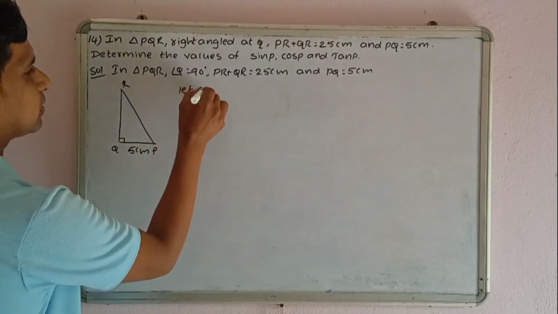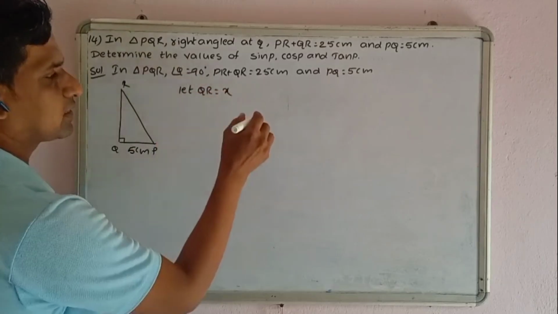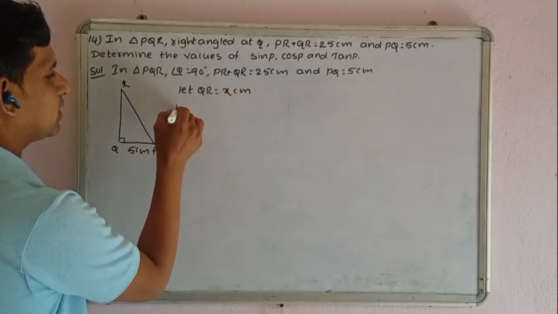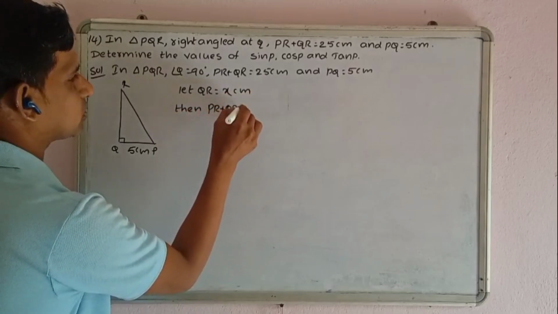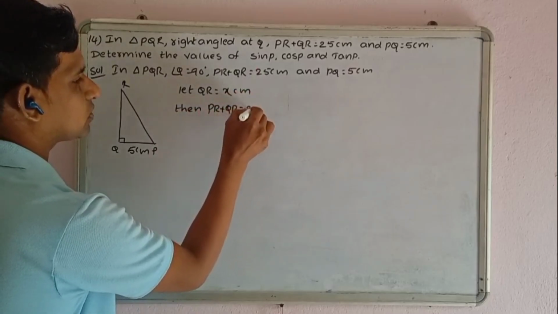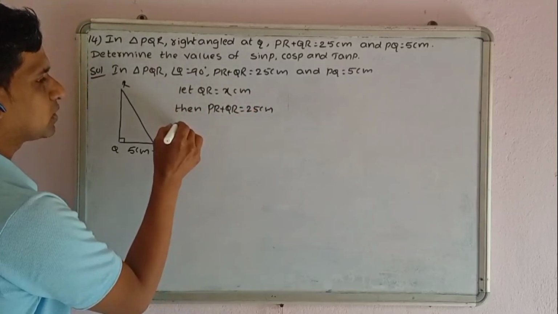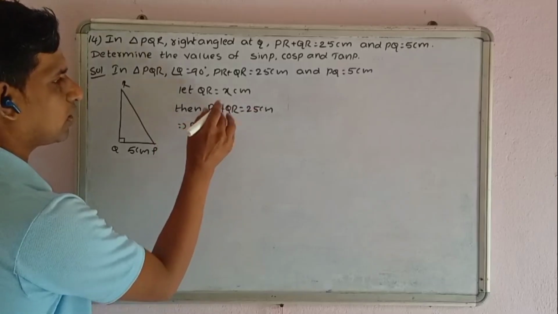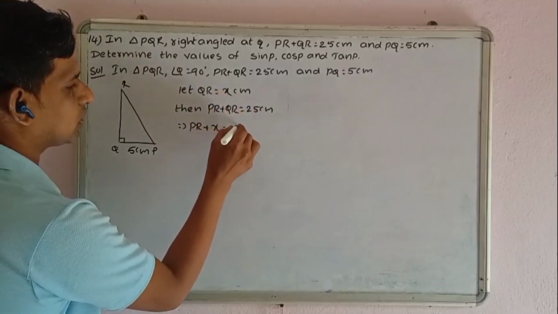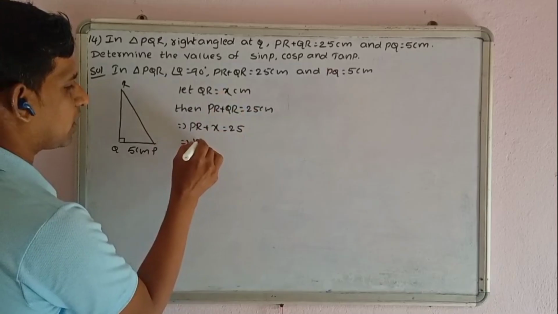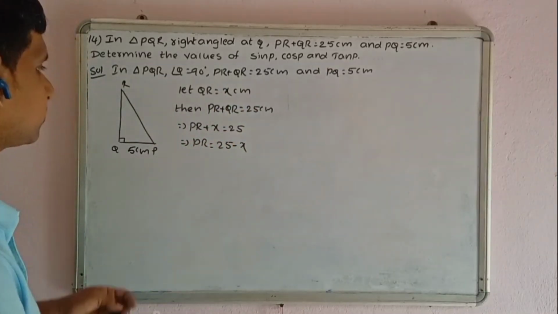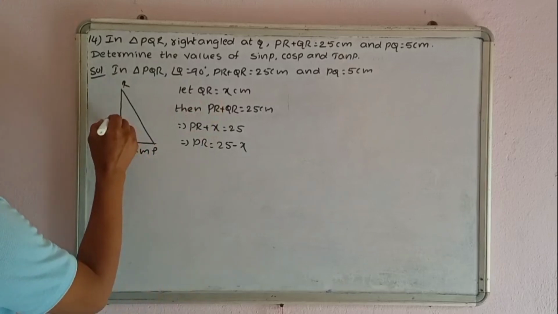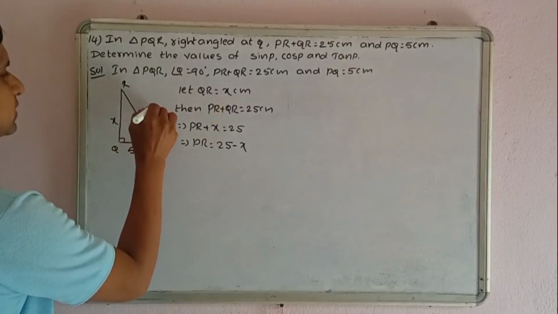Let QR equal x centimeters. Then PR plus QR equals 25 centimeters, so x plus PR equals 25. So PR equals 25 minus x. Now QR value is x.